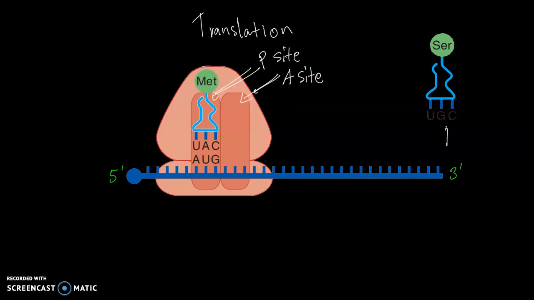So this tRNA will occupy the A site of the ribosome according to the complementary base pairing between the anticodon of the tRNA, so this is the anticodon, and the codon of the messenger RNA. So the messenger RNA codon will be A, C, G.